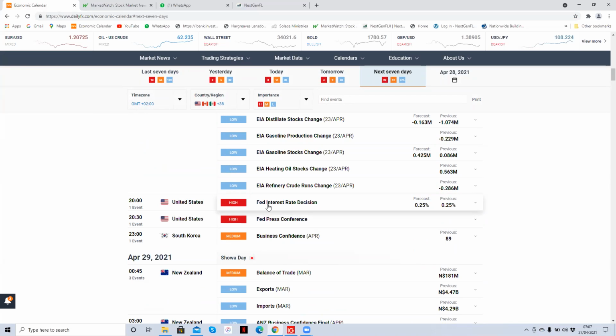All the markets are going to be affected by this report coming out tomorrow evening, Rwandan time, at 8 p.m., the US interest rate decision. So there's actually a probability of the markets just trending sideways the whole of today, the whole of tomorrow, leading up to that report tomorrow evening, Rwandan time, the US interest rate decision.